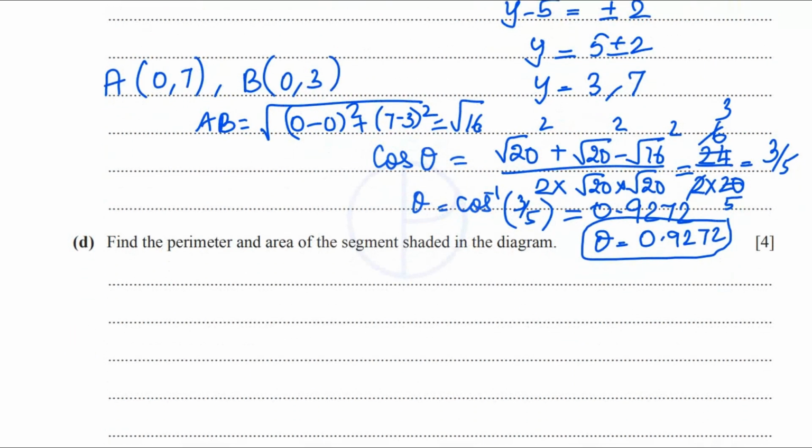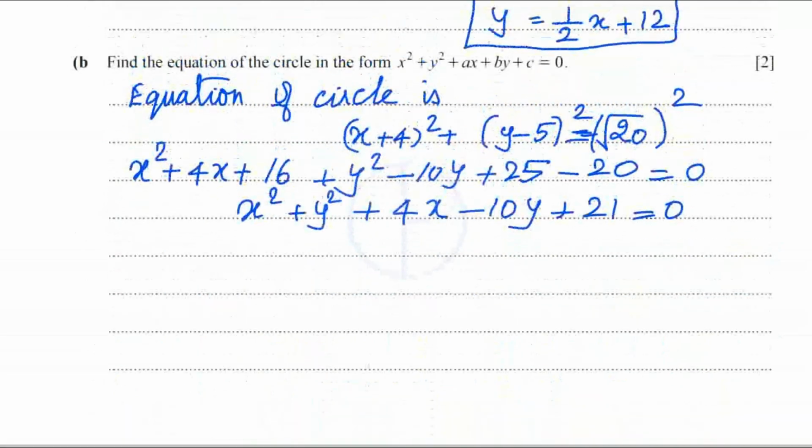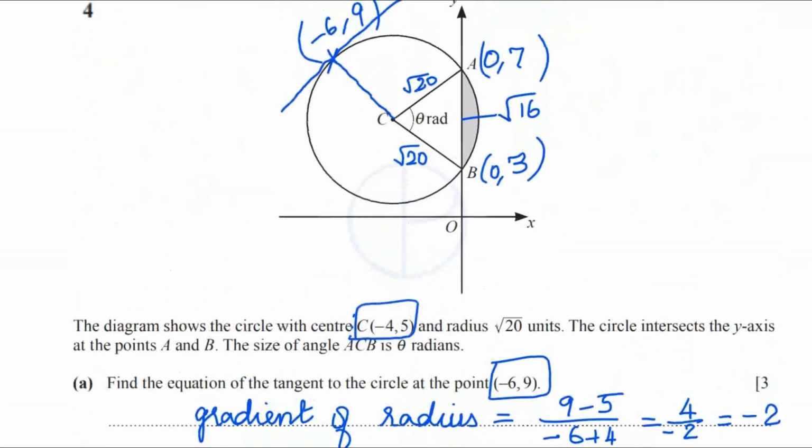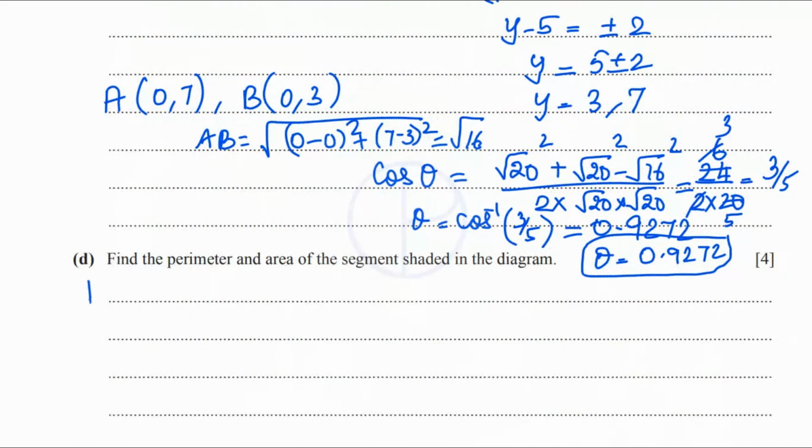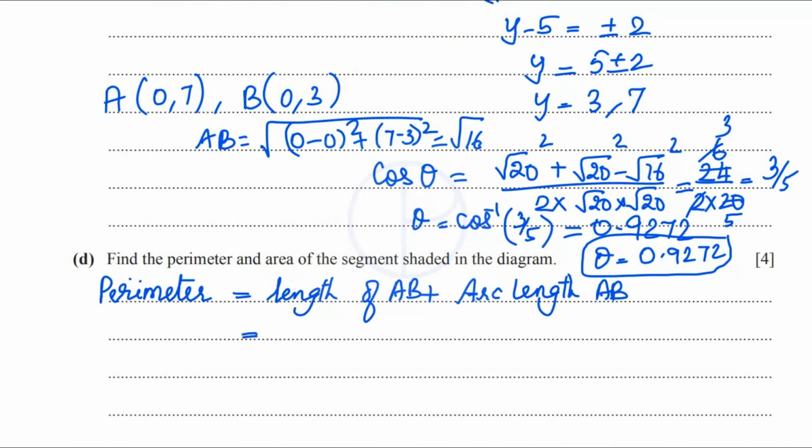Next part of the question is find the perimeter and area of the segment shaded in the region. First, let's find out the perimeter. Perimeter is nothing but adding the length AB and the arc length AB. What is the length of AB?